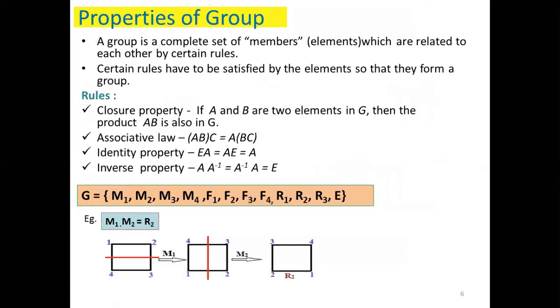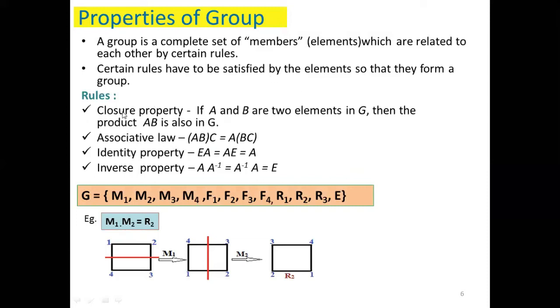So what are the properties of the group? A group, as we discussed, is a set of members, that is the elements, which are related to each other by certain rules. These rules have to be satisfied by the elements so that they form a group.